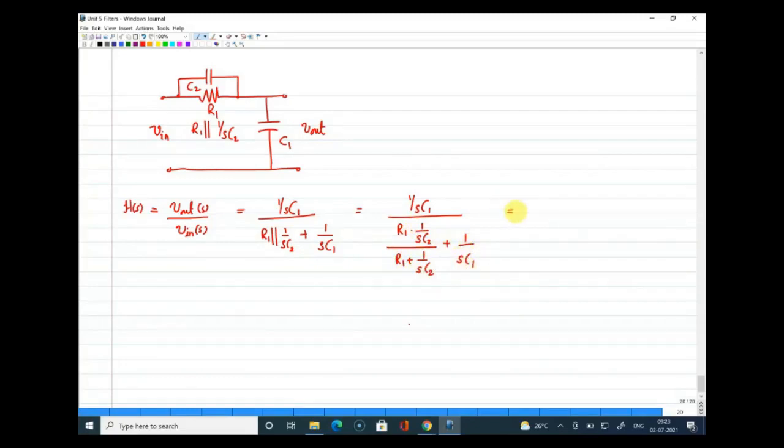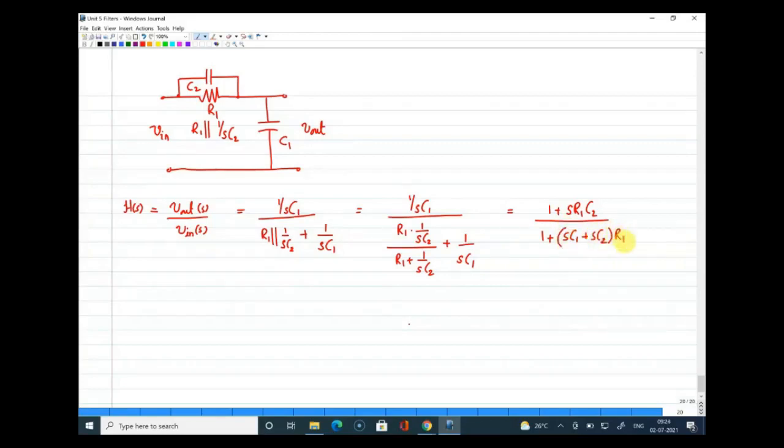Now if you simplify this, 1 by SC1 will come to the denominator and this will go up. So you will have 1 plus S into R1 C2 on the numerator, and on the denominator you will have 1 plus S into C1 plus S into C2 and into R1.